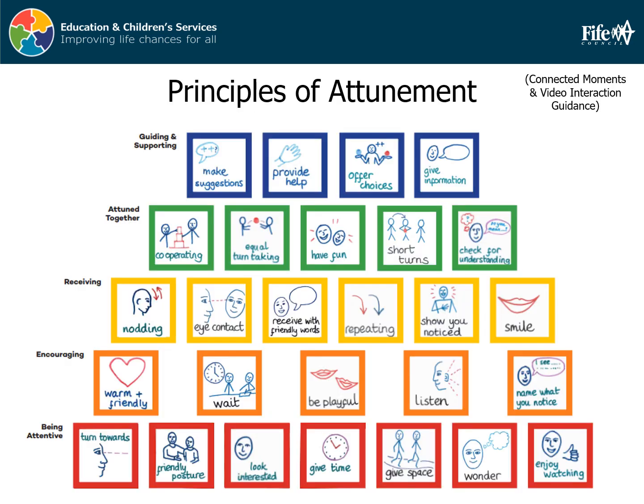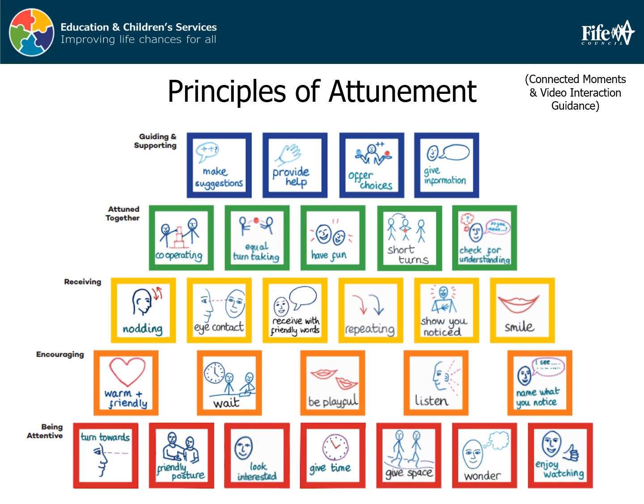This summary visual from Connected Moments and video interaction guidance demonstrates how we become attuned to our learners, starting from the bottom up. It begins with being attentive, turning towards the other person, using a friendly posture and looking interested. Encouragement is shown through a warm, friendly tone, listening and giving time to respond.